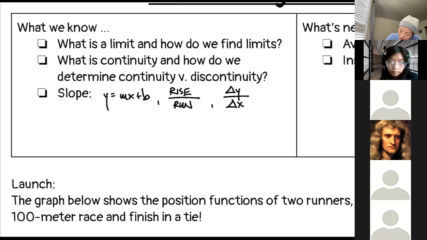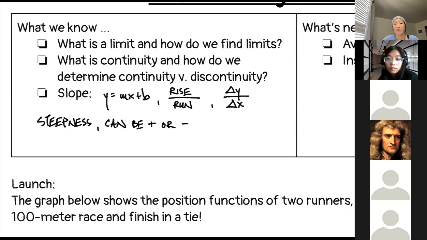Steep. Okay, I like that word. So maybe we're looking at how steep something is. Steepness. Whoa, that's too many S's. It can be positive or negative. Okay. Anything else?